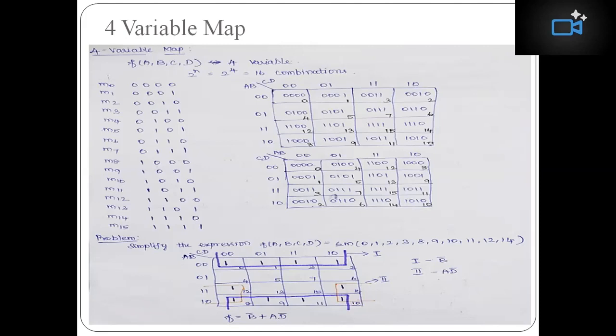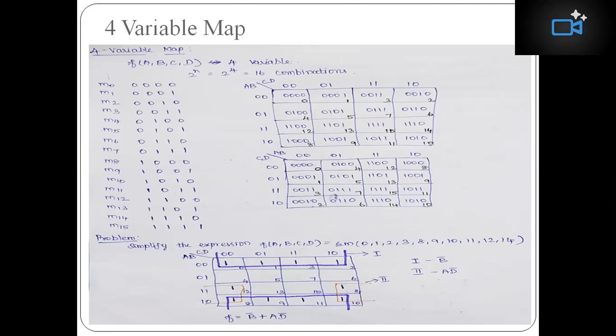Then allocate the variables. Here in this example, I took AB in rows and CD in columns. You could do it elsewhere, but you should be careful while representing the decimal locations of minterms 0, 1, 2, and 3. Now I'm allocating the binary values as per the single transition. In block 0, the minterm is present, so denote it as 1.